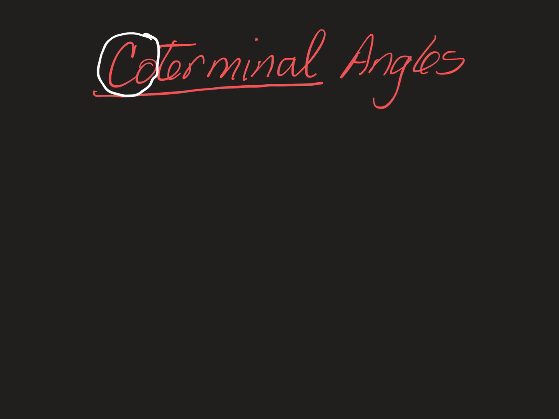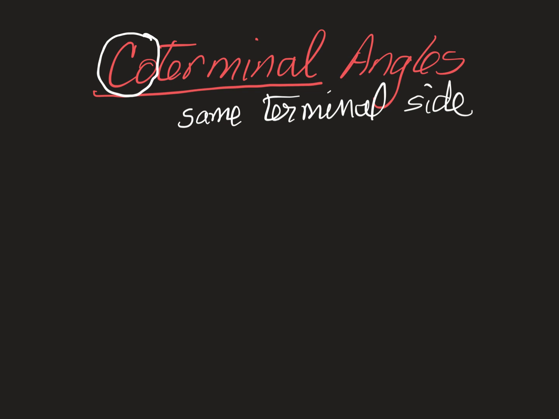So a coterminal angle is an angle with the same terminal side. Okay? And so we're going to play with some degrees here just a little bit in a moment. I'll kind of show you how these problems are done, how they appear.